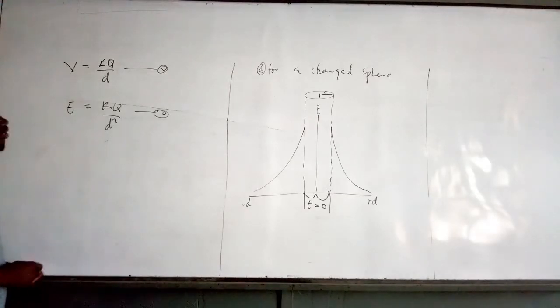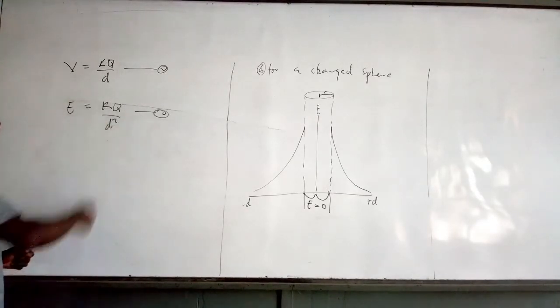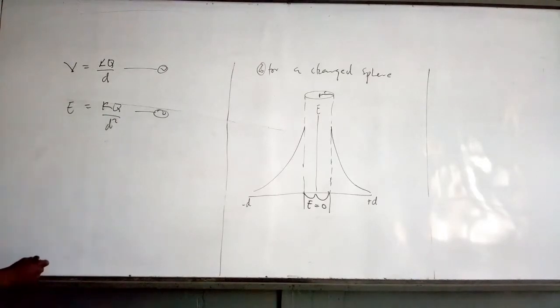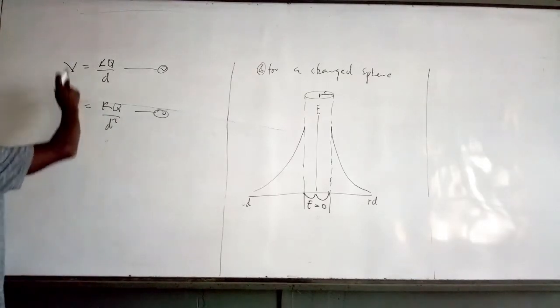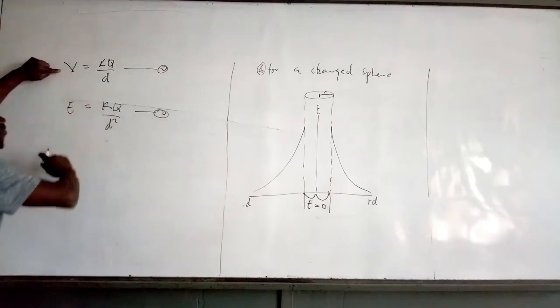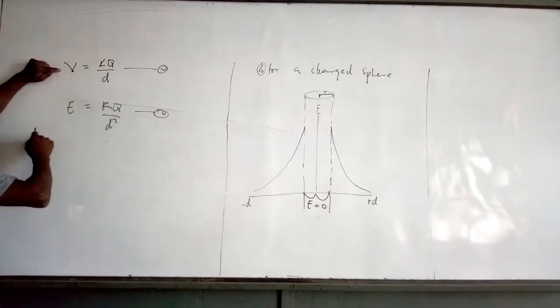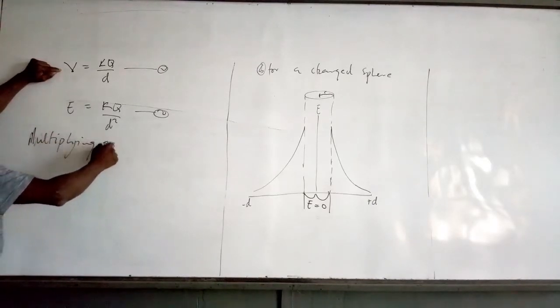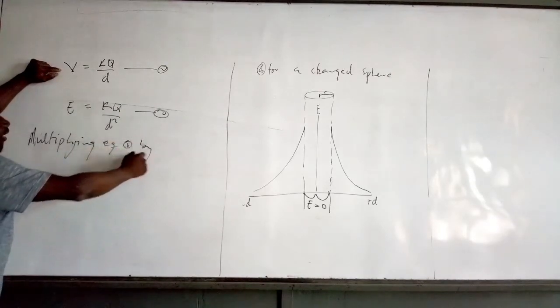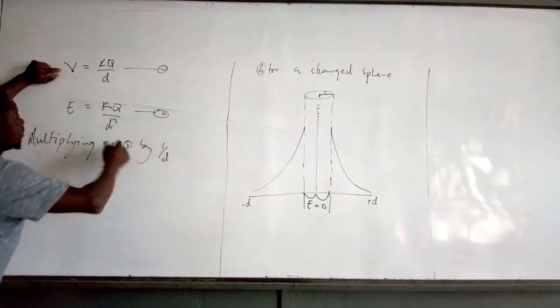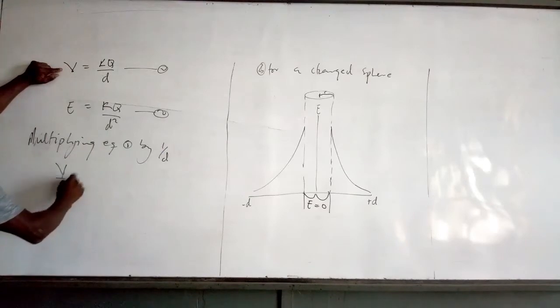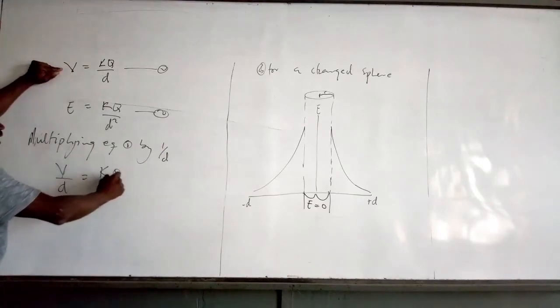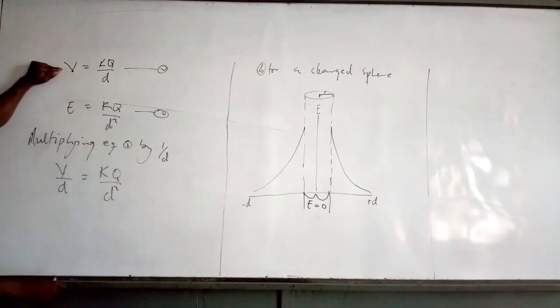So what I'm going to do is multiply through equation 1 by 1 over D. Multiplying equation 1 by 1 over D gives me V over D is equal to KQ over D squared.